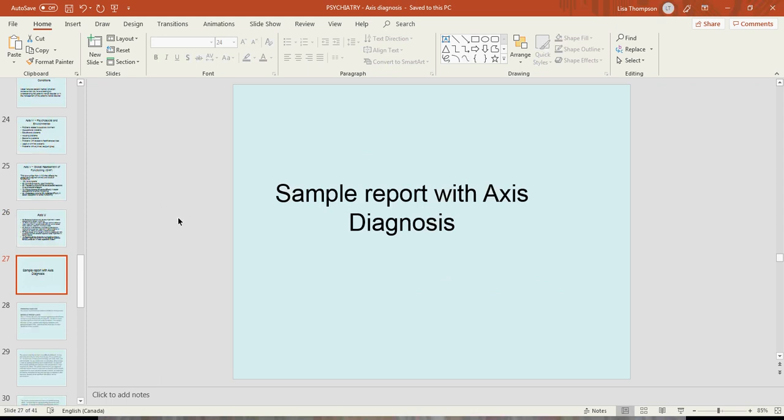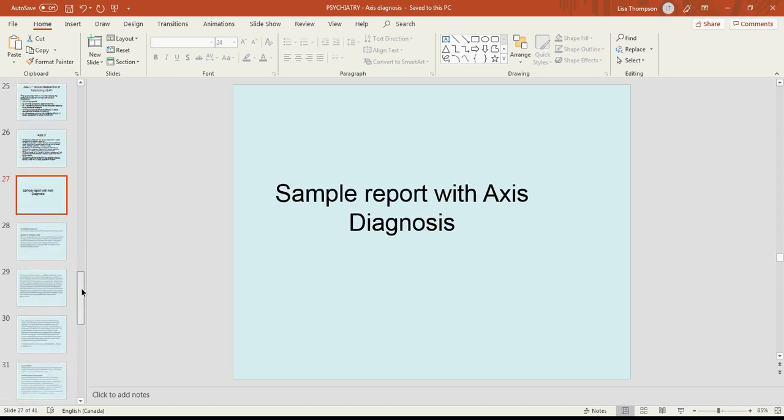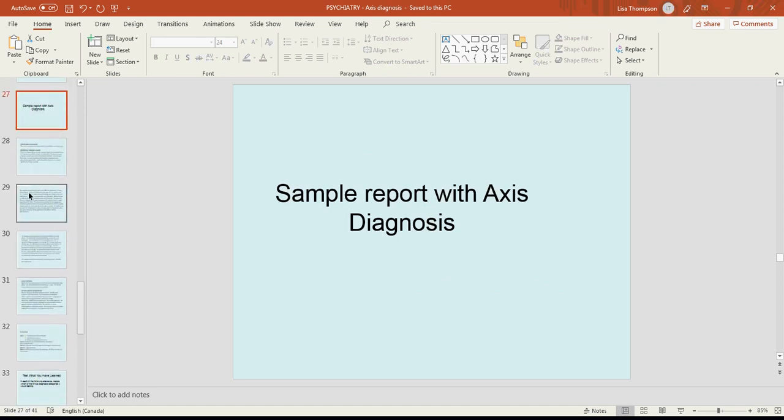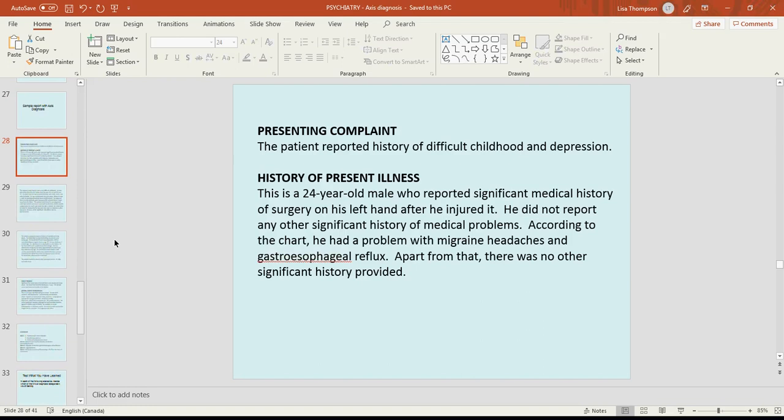I'm going to show you a sample report with Axis diagnosis. So usually a psychiatry report will start out with a presenting complaint. In this case it was a patient-reported history of a difficult childhood and depression, and then they'll have a history of present illness.